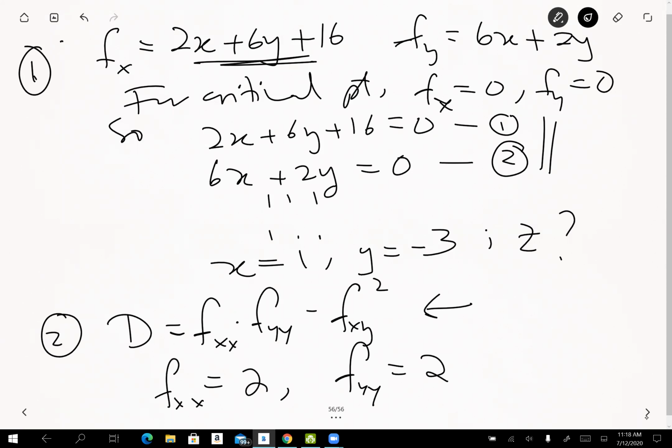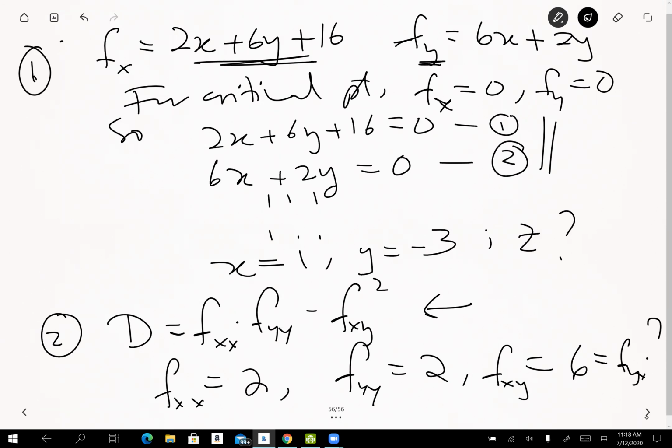And then we need fxy. Differentiate fx with respect to y, I got 6. To check, you find fyx also equal to 6, so that's correct.